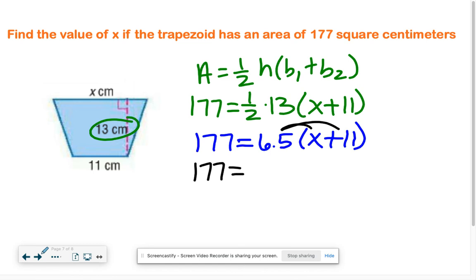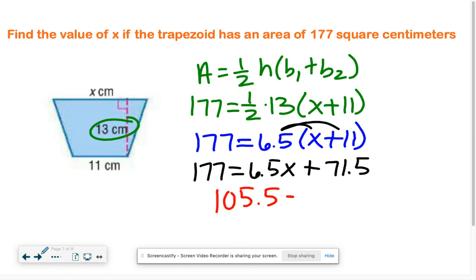I'm going to distribute, so I'll get 6.5x. 6.5 times 11 is 71.5. And now you just have a pretty simple linear equation. Subtract over that 71.5, so we get 105.5 equals 6.5x. Divide out, x equals 16.2.